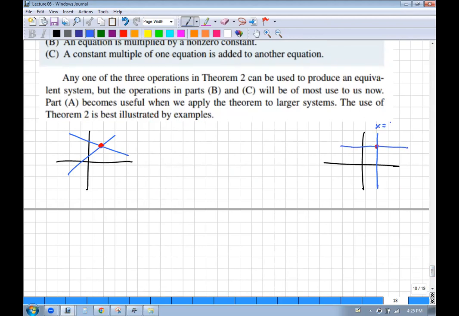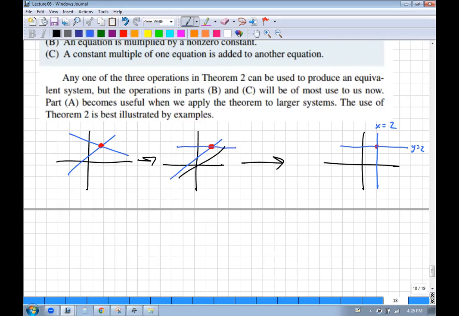X equals 2 and y equals 2, or whatever the numbers were, I forget, right? So this is like some funky line. This is some funky line. So we replace one of these lines. So by replacing one of the equations, like this line might stay the same, okay? But we're going to take the equation for this line and we replace it with this line.